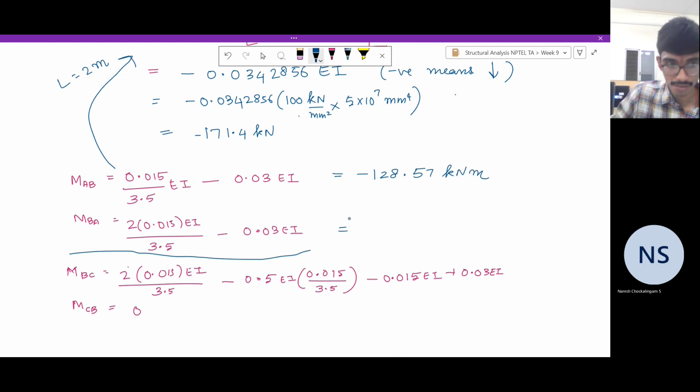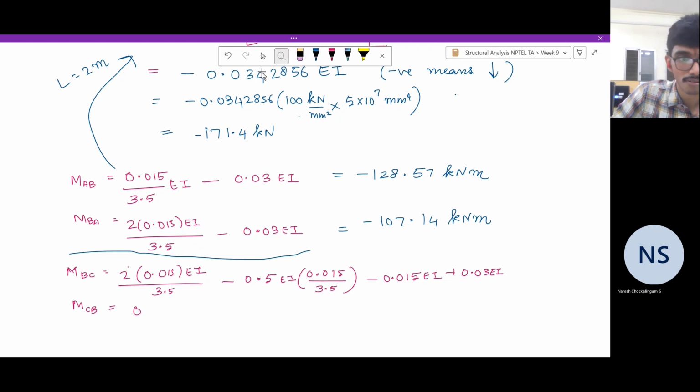And MBA is equal to 2 into this, which is 107.14 kilonewton meters.